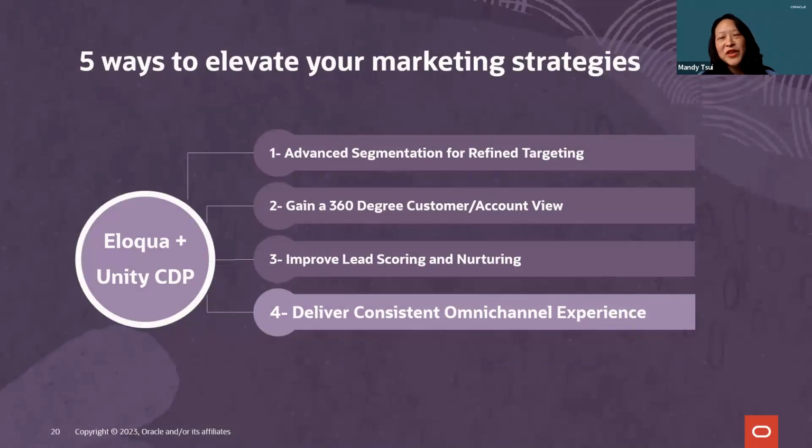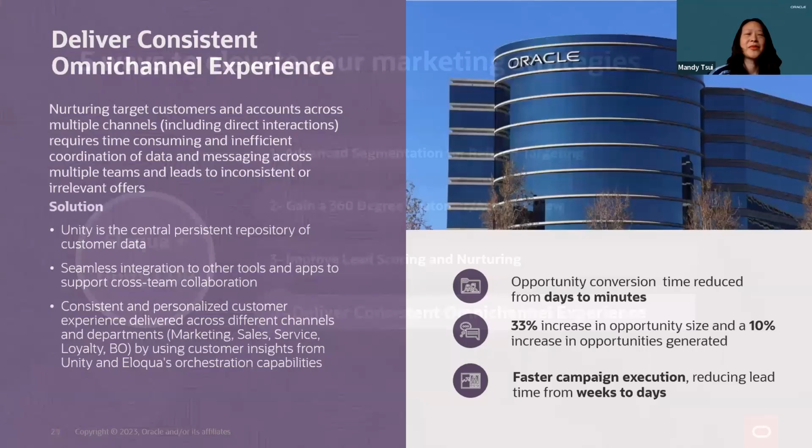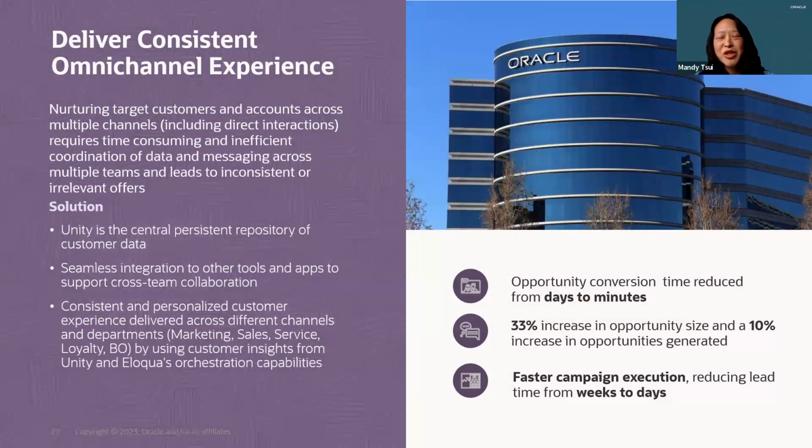The fourth way to help you elevate your marketing strategy is to deliver a consistent omni-channel experience. This particular marketing strategy was used by Oracle, our own company. Oracle, like any other enterprise level company, has its own challenges, probably similar to many other companies.